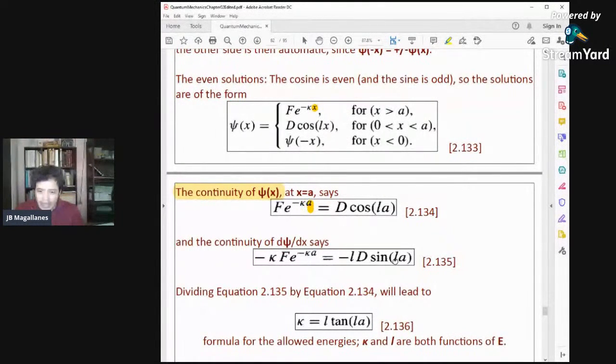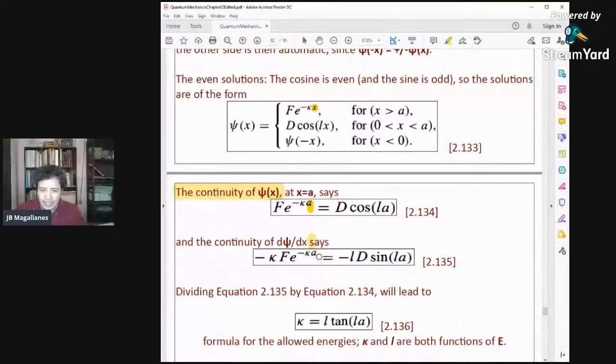Is now a, and then that is of course equal to d cosine LA here. And the continuity of the derivative of phi with respect to x. So if you get the derivative of this, it would just be this one evaluated at a.